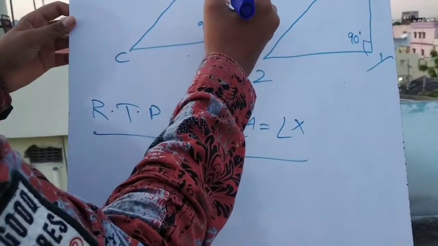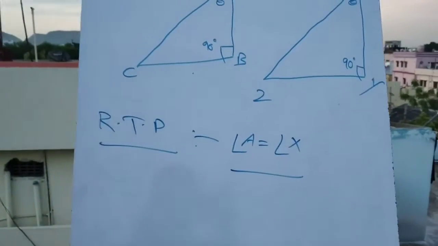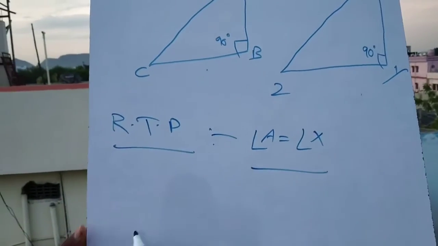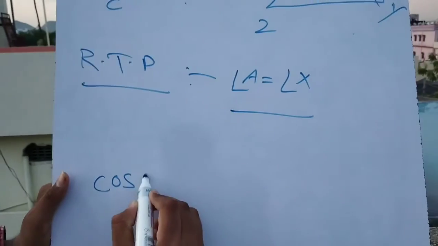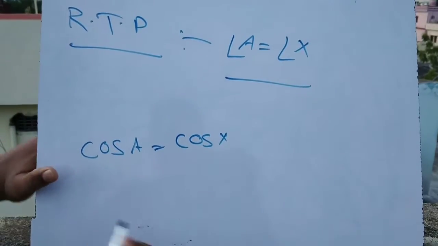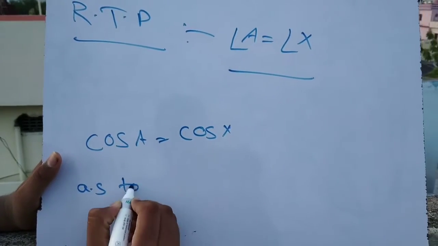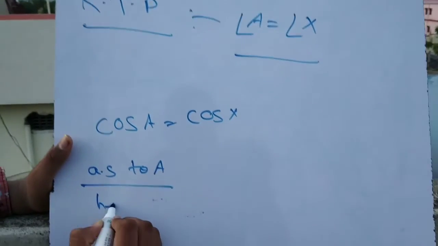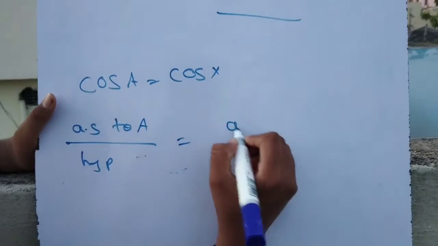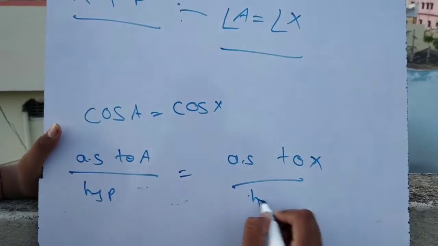He has given that cos A is equal to cos X. From this we can write cos A is equal to what? Adjacent side to A by hypotenuse is equal to adjacent side to X by hypotenuse, right?